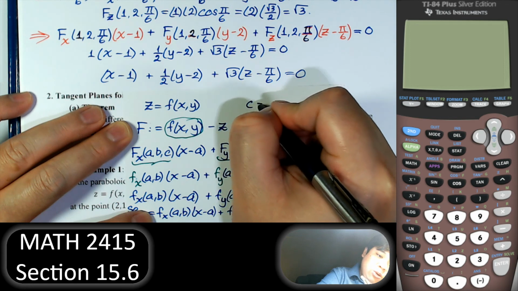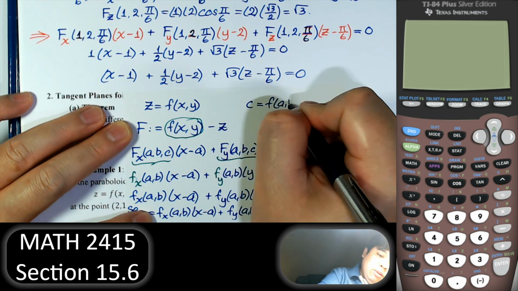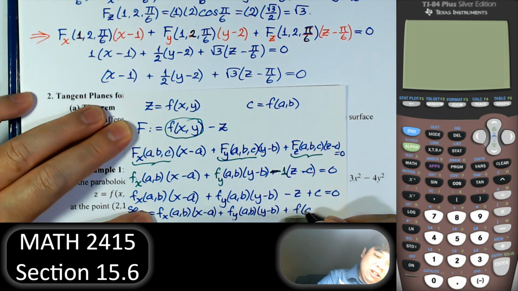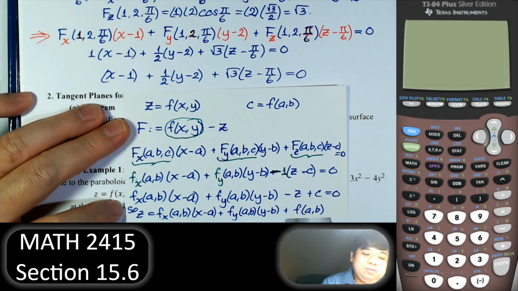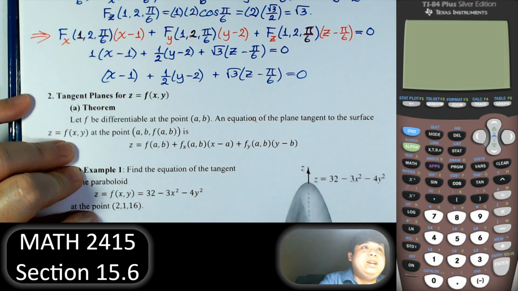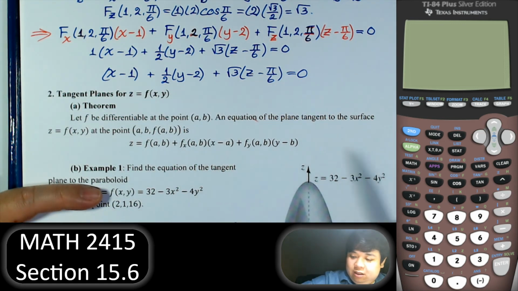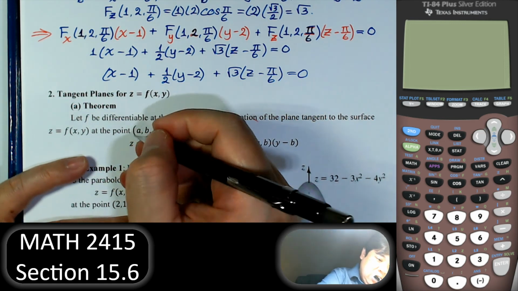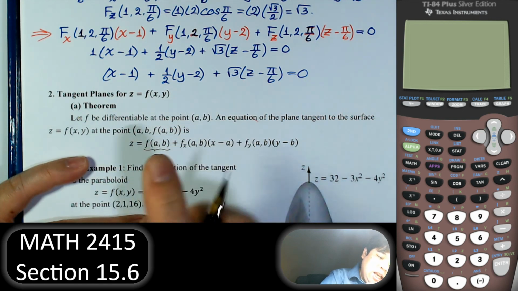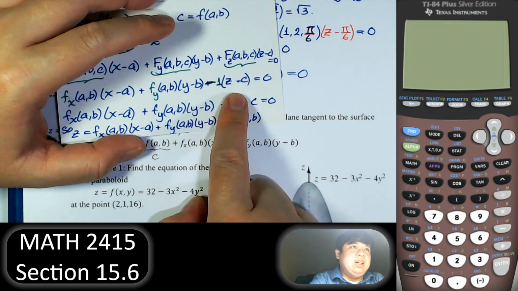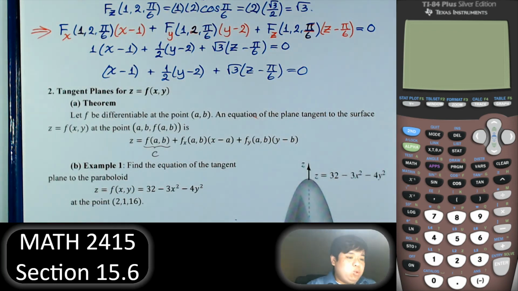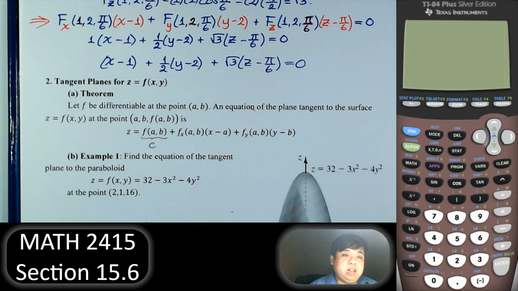So c actually equals the function at a and b. So we have this equation, which is what we have here. So this actually is c, and moving to the other side we have z minus c. That's what we have here. So there's certainly a relation between the two forms of the equation of a tangent plane.